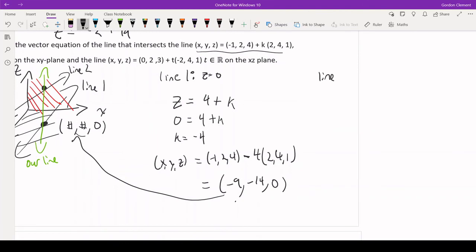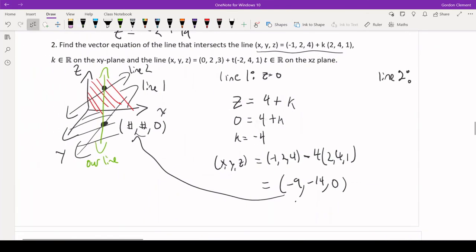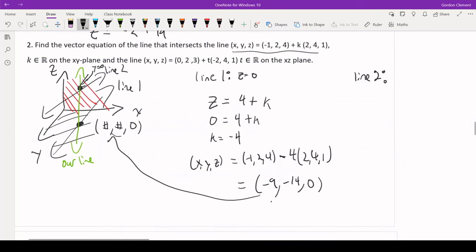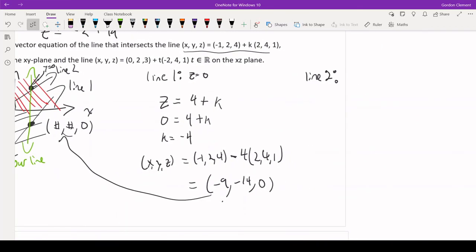For our next point, line 2, it's on the xz plane, and the xz plane for sure has y equal to 0. That's what the xz plane is going to do. So I'm going to solve for what makes y 0, and I get y is 2 plus 4t.